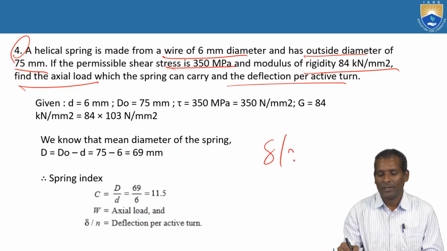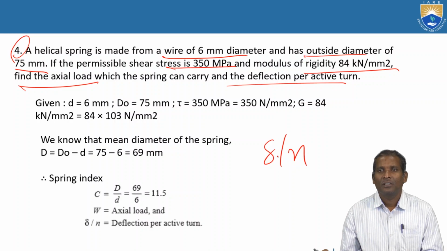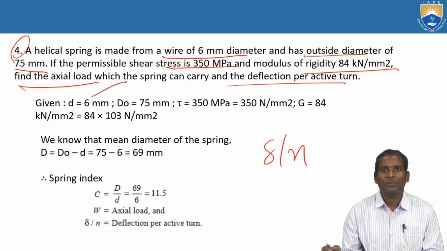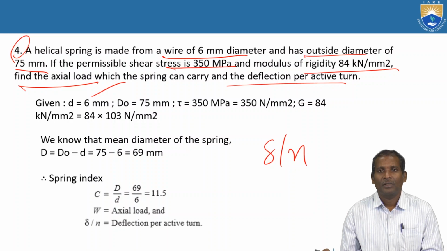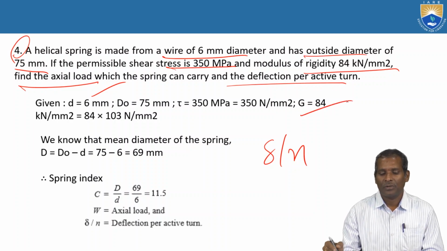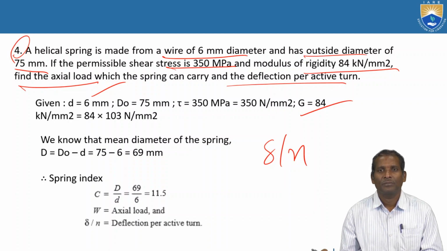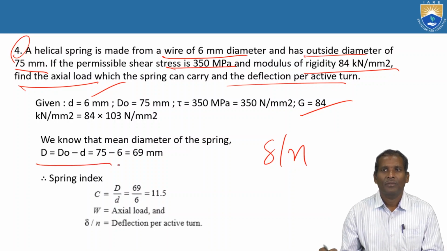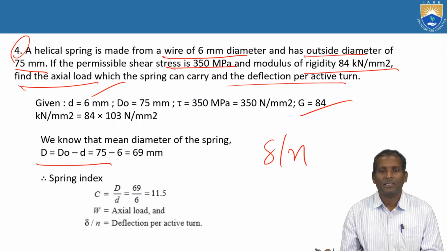So that is delta per N. Delta is not given and N we also don't know. So, given data, write down: D naught is equal to 75 mm, shear stress is 350, convert into Newton per mm square. G also convert into Newton per mm square. Now calculate the mean coil diameter. The mean coil diameter of the spring is D naught minus d.